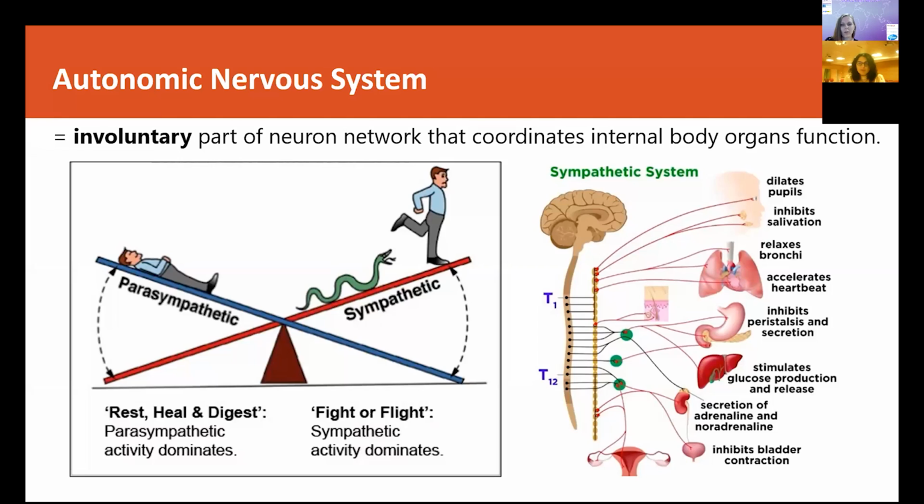Those are almost all inner body organs that function according to the signals that they get from the sympathetic and parasympathetic systems. And those electrical stimuli, when they reach the organ, are also translated into chemical stimuli. The chemical stimuli for these particular systems are hormones, which we will talk about later on: adrenaline and noradrenaline, or we can also call them epinephrine and norepinephrine.